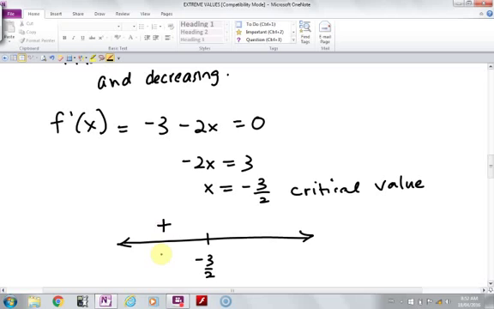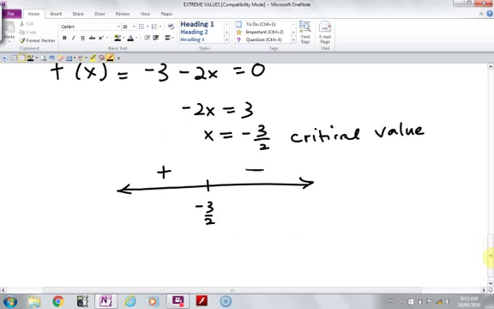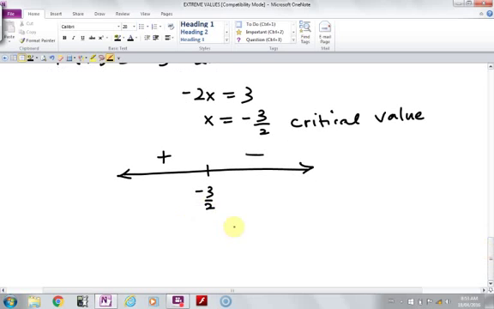So that's positive, right? And if I put a value over here in, like 0, I get negative 3 minus 0 is negative 3, so that's negative. So it's increasing on the left and decreasing on the right. Okay? Now, how can you write that in interval notation?